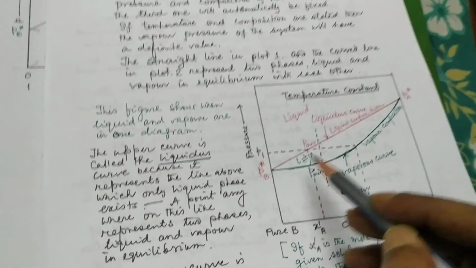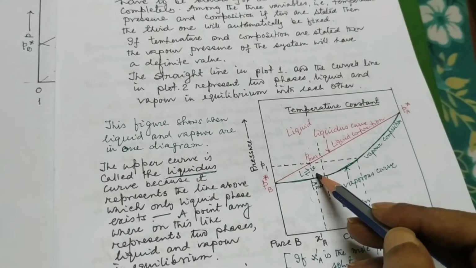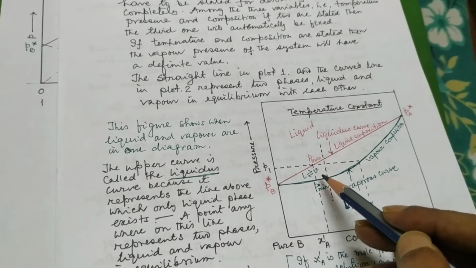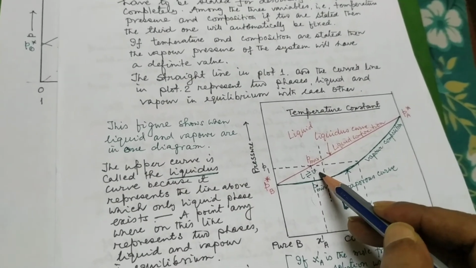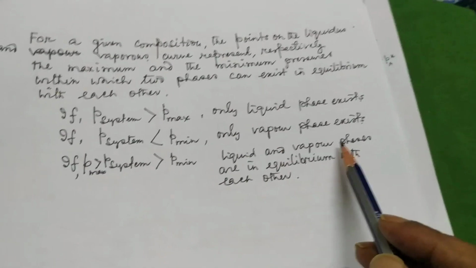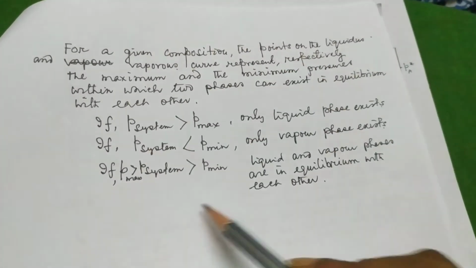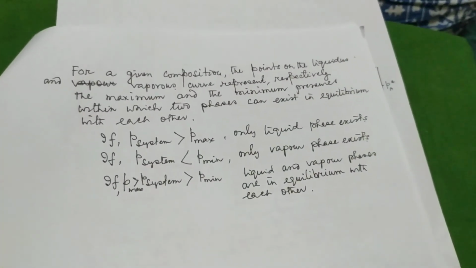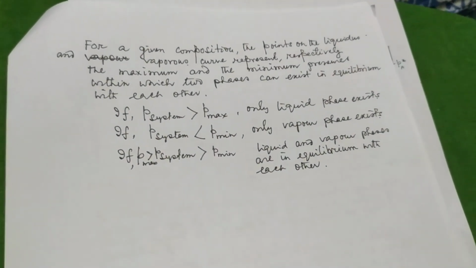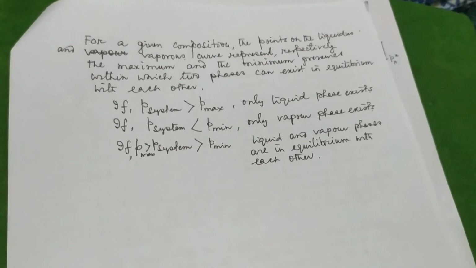If the pressure of the system is greater than P minimum but less than P maximum, then we get both liquid and vapor phases in equilibrium with each other. So this is the application of the phase rule in an ideal binary solution. Thank you.